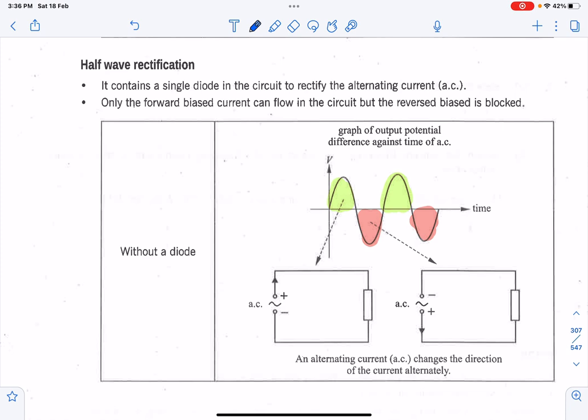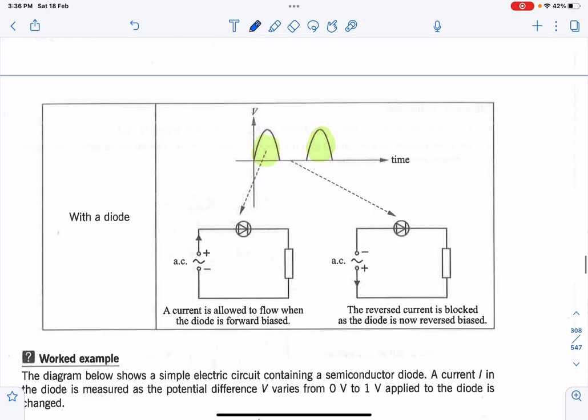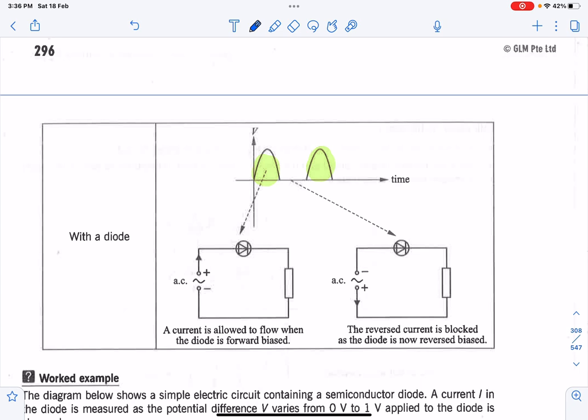With a single diode that is forward biased, you would see that it takes the positive side only, while the negative one, the reverse side, is prevented. Some circuits only work with direct current, but if the supply is an alternating current, it doesn't mean it doesn't work anymore. Instead, you just install a diode to convert it to only accept the positive side.